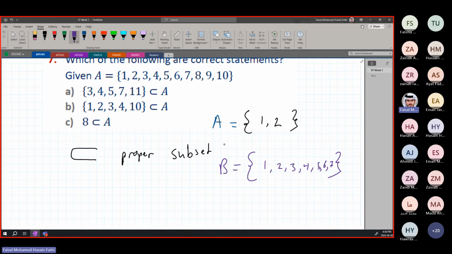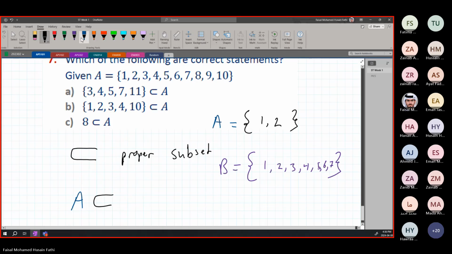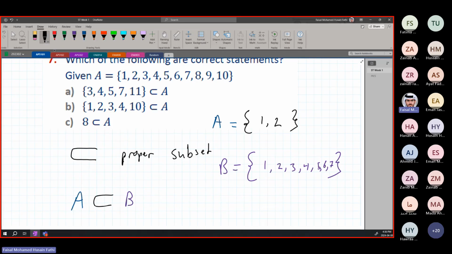Here we can say that A is a subset of B. Why? Because the elements 1 and 2 are both available in the larger set. Since these two are available, we can call them a subset of B. This is what the symbol means. In other words, there's a smaller set which is a part of a larger set.